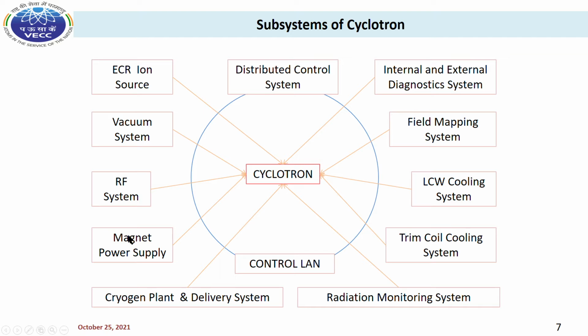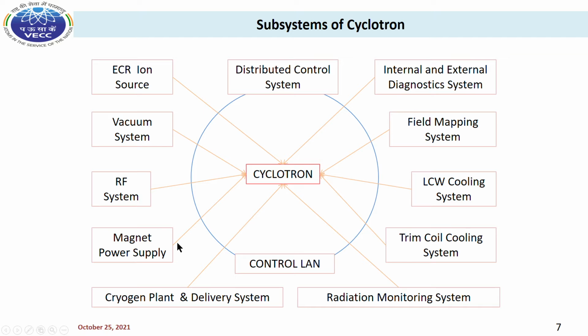The stability requirement of the power supply is very stringent. A local control loop is used to attain the stability. At present, embedded system is used for achieving the required stability.